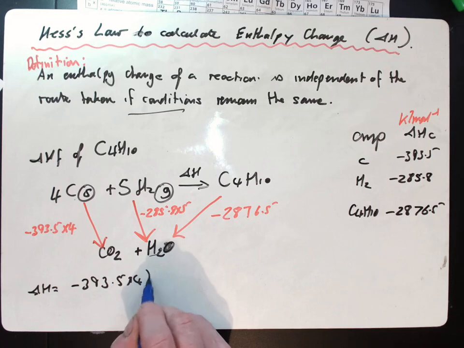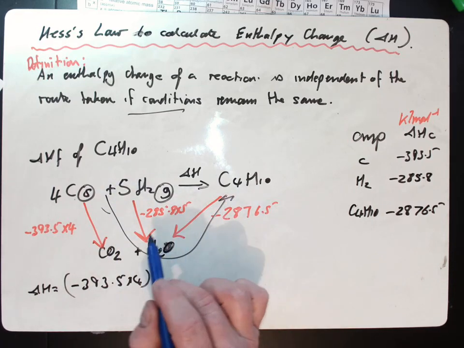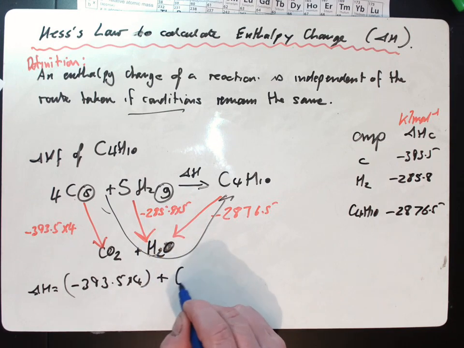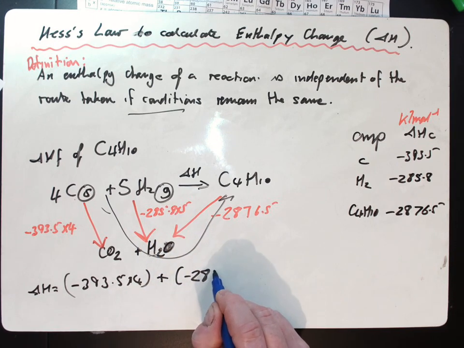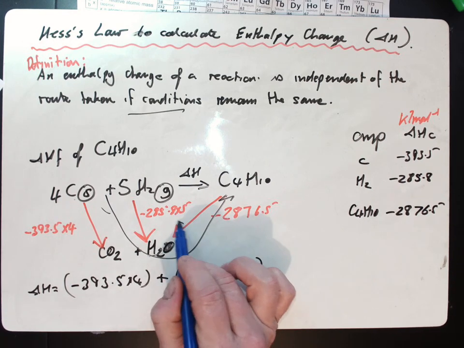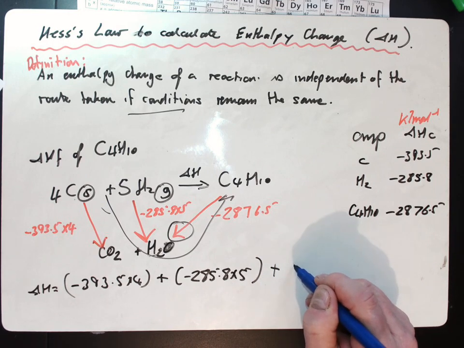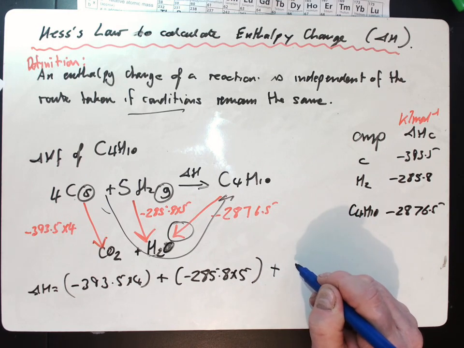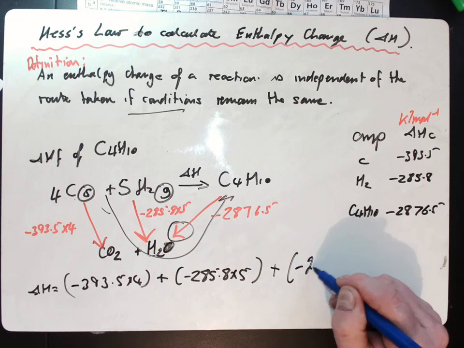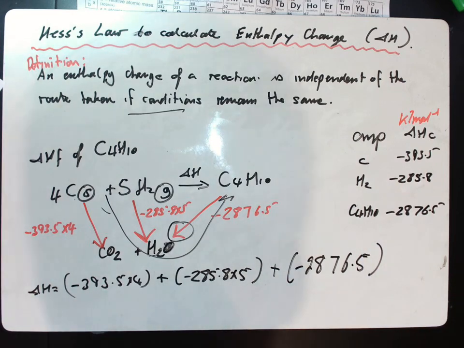393.5 times 4. This arrow is going in the direction I want them to go in, so is this one, so it's plus minus 285.8 times 5. This arrow is going in the opposite direction, so we add that, so plus minus 2876.5, and we'll do that calculation, see what we get.